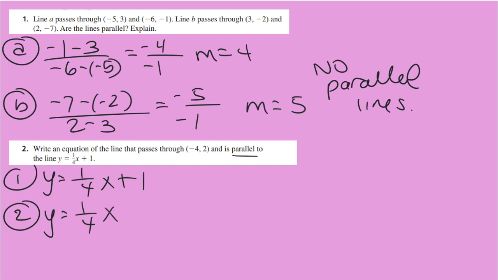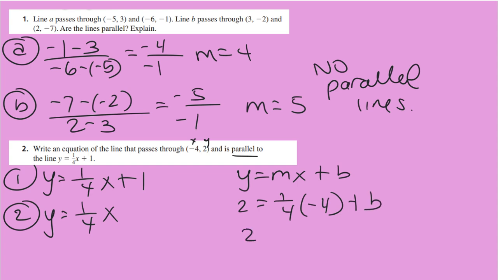So y equals mx plus b, where y is 2 equals m, which is 1/4, times -4 for my x plus b. 2 equals, 1 times -4 is -4 divided by 4 gives me -1 plus b. Now I'm solving for b, so I'm going to add 1 to both sides. 2 plus 1 is 3, so my b is 3. So my new line is going to have +3 for my y-intercept.